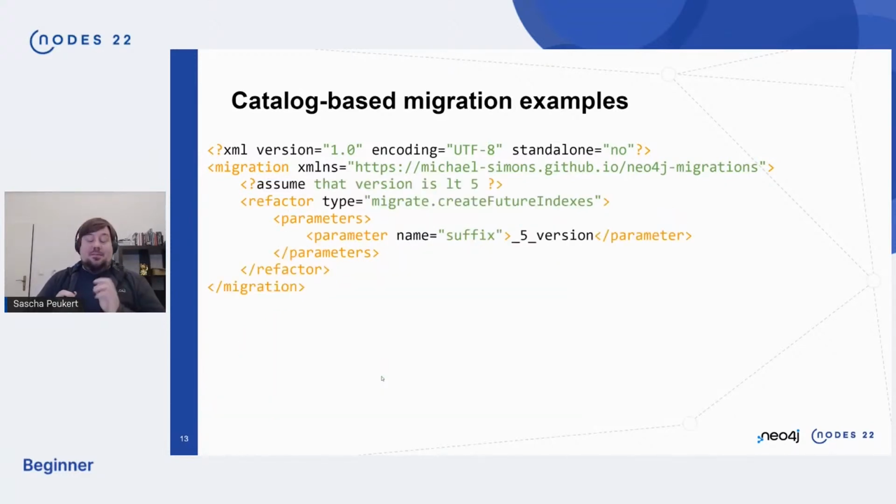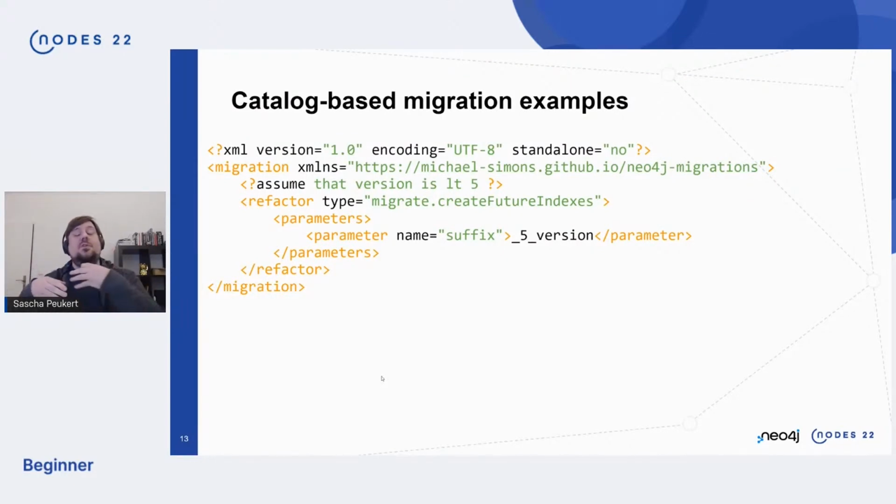And there's something I really, really love. There are certain refactorings in there that are for you to take. And this one is my personal favorite because it actually creates the new form of database indexes that come with Neo4j 5 automatically for you. So if you haven't done that yet on your Neo4j 4, just running this creates them automatically.